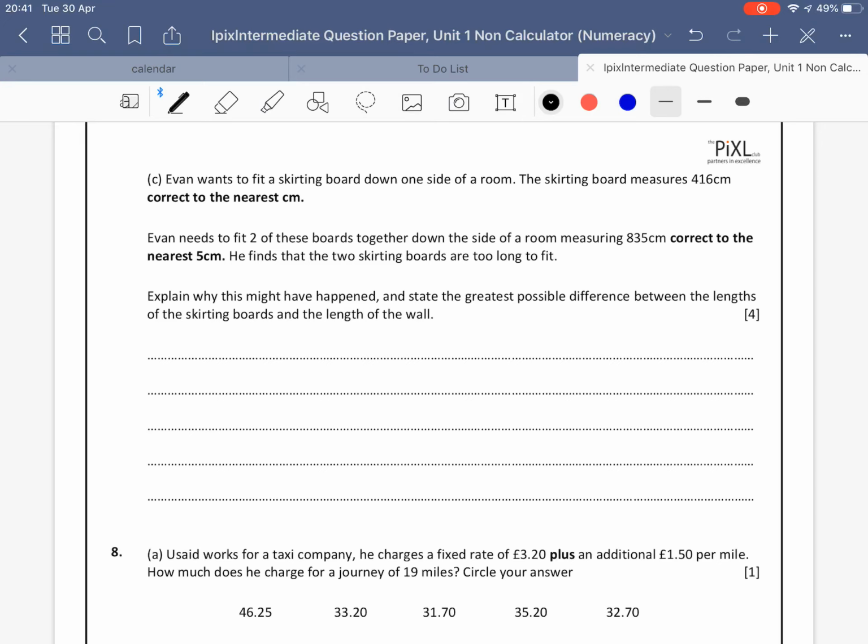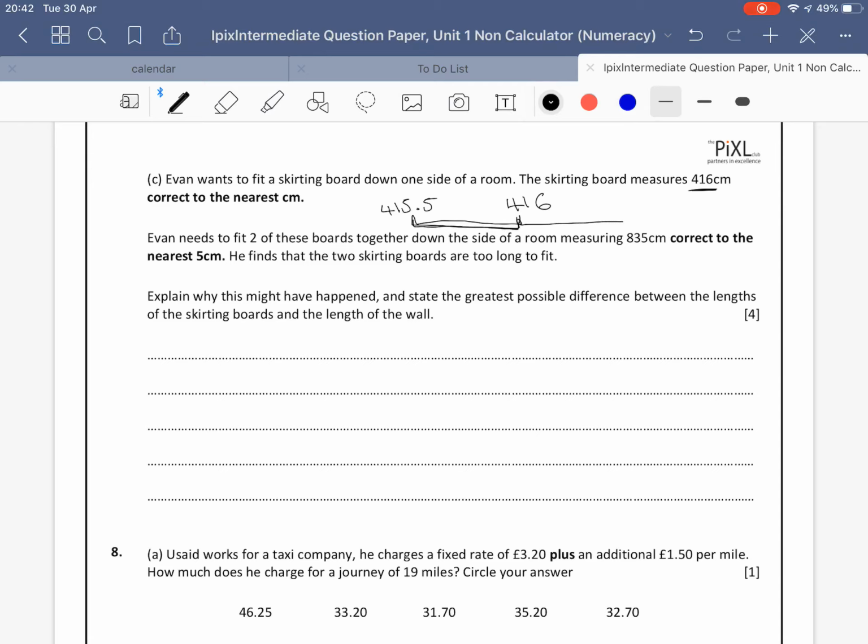So let's just think about this now. We've got 416 centimetres. That is correct to the nearest centimetre. That means the smallest value it could be that rounds to 416 is going to be 415.5 centimetres. So it could be anything between these 2 lengths.